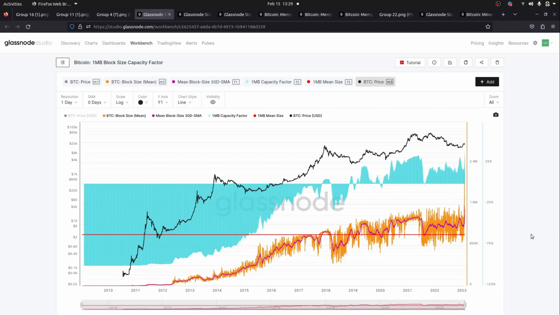The block size went from being 1 megabyte, which is a data footprint, to what we call 4 million weight units. When you're looking at the transaction data, each byte counts as 1 weight unit, 1-to-1. For the witness data, however, each byte carries only 25% of a weight unit. So there's a 4x discount.